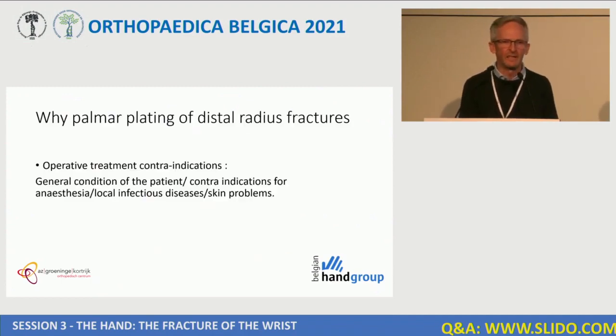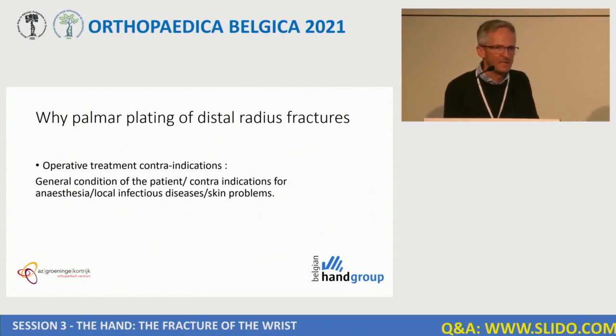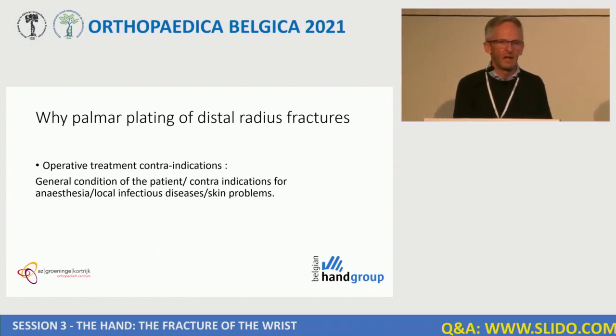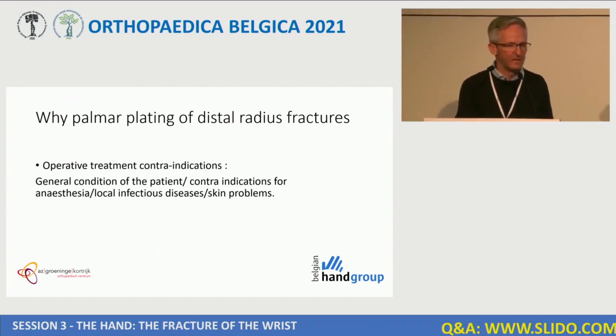So the contraindications are also there, and that is the main topic of the 5 minutes that I have for this, because everybody thinks palmar plating is for every fracture. No, it's not for every fracture, just for the right indications. So you have to think about your contraindications.